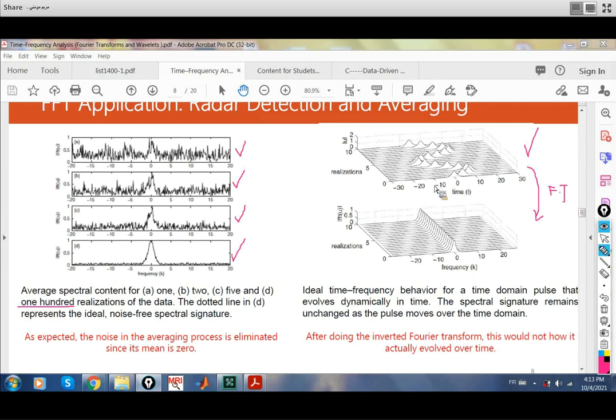All the Fourier transforms of these above signals have the same noise signal in Fourier domain. And we cannot distinguish between, for example, 1 and 2.